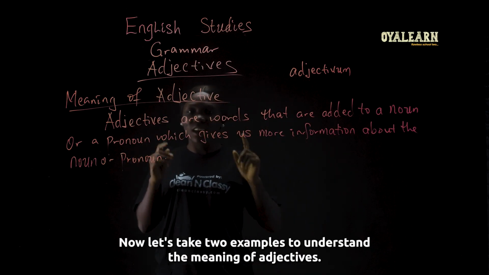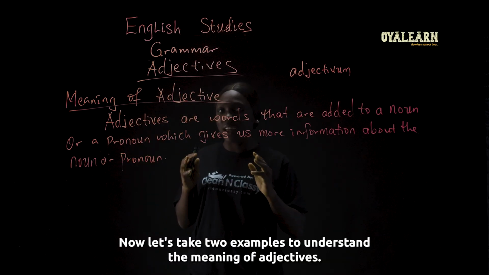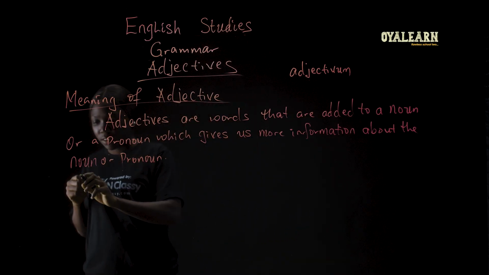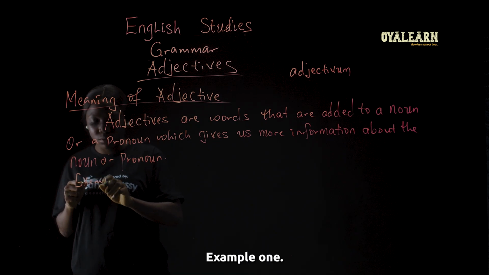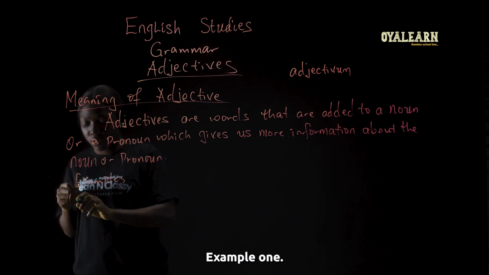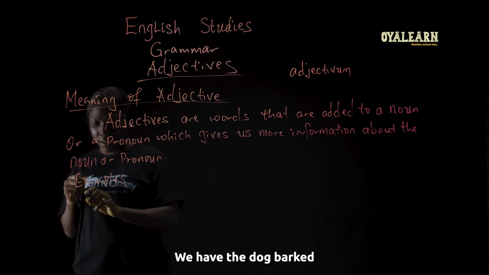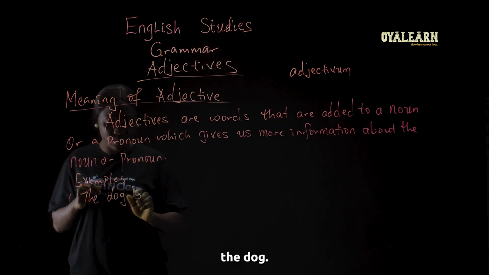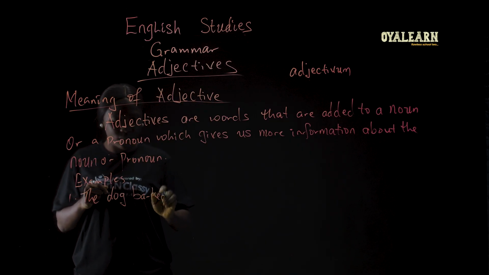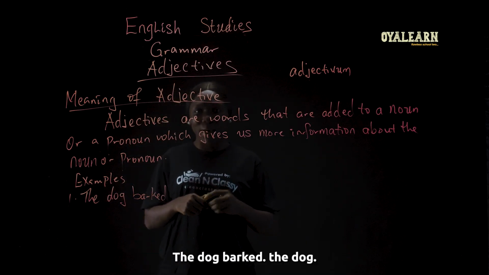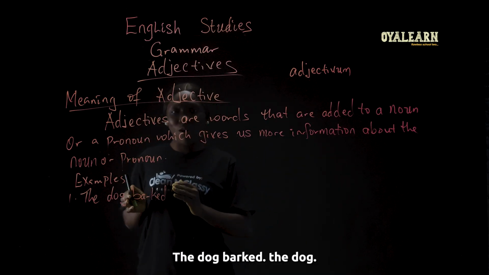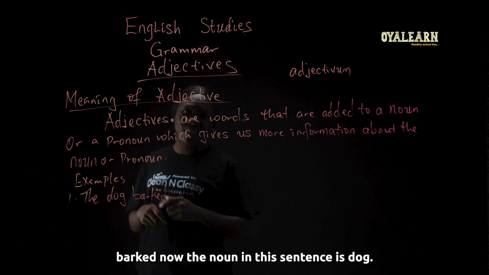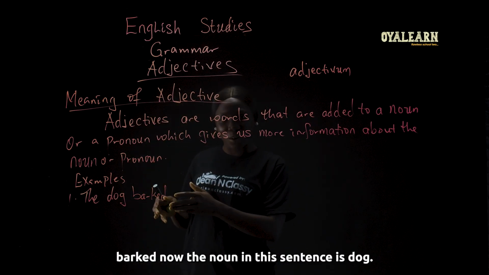Now let's take two examples to understand the meaning of adjective. Example one: the dog barked. The noun in this sentence is dog.